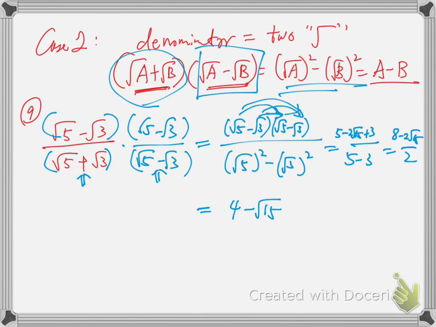So that is number 9, and then numbers 10 and 11 are radical equations. Let me write down the steps first. Step 1, isolate. Step 2, second power on both sides.